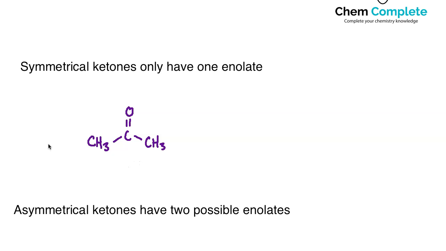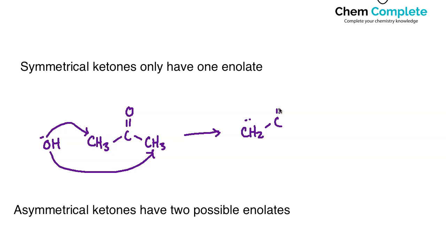And so whether my base came in and deprotonated a hydrogen from this carbon on the left or this alpha carbon on the right, it doesn't really matter because the same result is going to ensue, which is that I will get a CH2 group and then I'll have the carbonyl. So that will be the enolate that forms there.